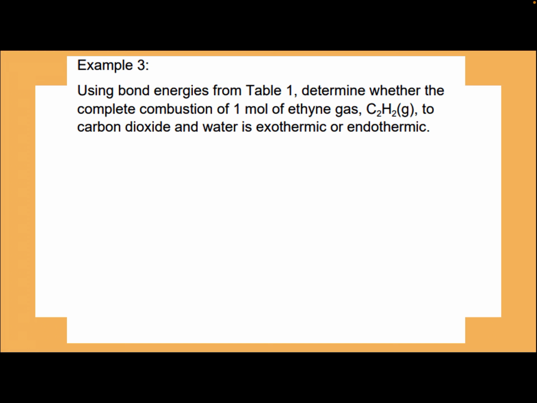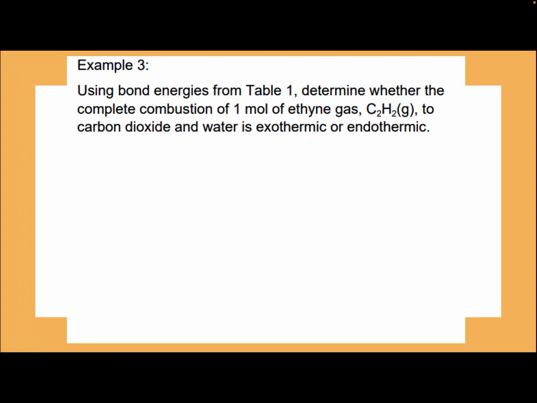I want you to try out example 3 here. We just skipped example 2, so please do take a look at this. You can organize it in whatever way possible. Okay, so the first step is to balance the equation. That's going to be on the next page.